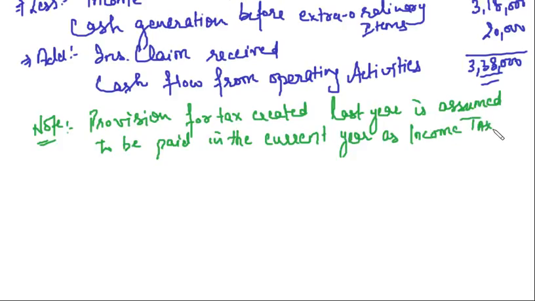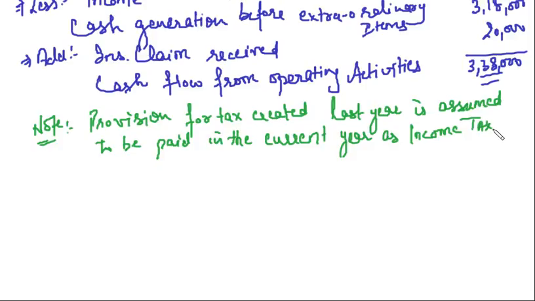Clear? The current year provision we add back while calculating the net profits before taxes, and if there is a provision appearing in the balance sheet for the last year, that we will assume that we have paid the income tax. We have used that provision, right? And we will subtract from cash generated from operations. Clear, friends? I hope this much is clear.